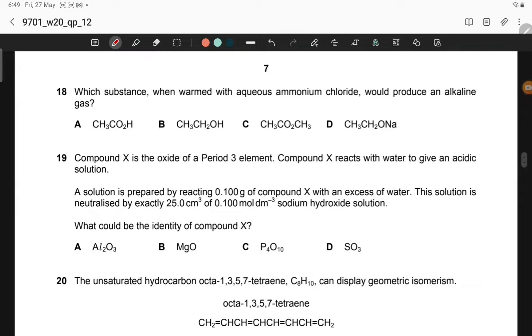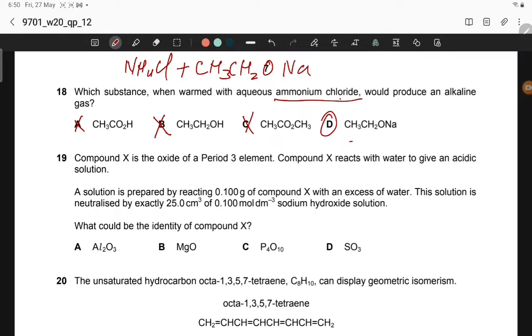Which substance, when warmed with aqueous ammonium chloride, would produce an alkaline gas? NH4Cl cannot react with carboxylic acid, cannot react with alcohol. So D must be correct because when it reacts with CH3CH2ONa, the ethoxide acts as a base.